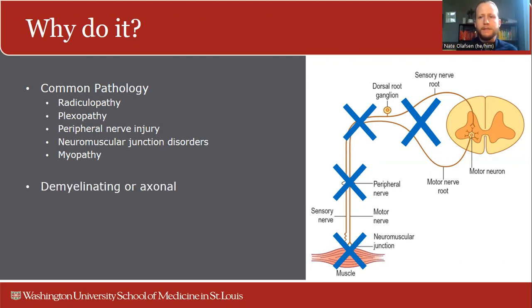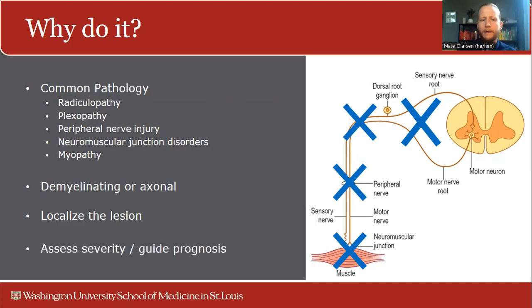Furthermore, we can assess the type of injury. We can assess if it is an injury to the myelin only, or if there is also an injury to the axon itself. Really vitally, as represented by the blue X's, we can localize where the lesion or where the injury has occurred. And then that, plus an assessment of severity, can help guide prognosis and guide further treatment.